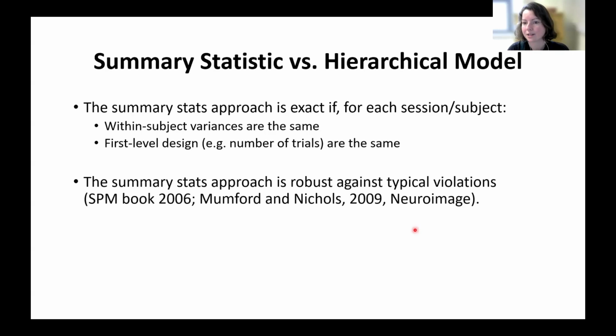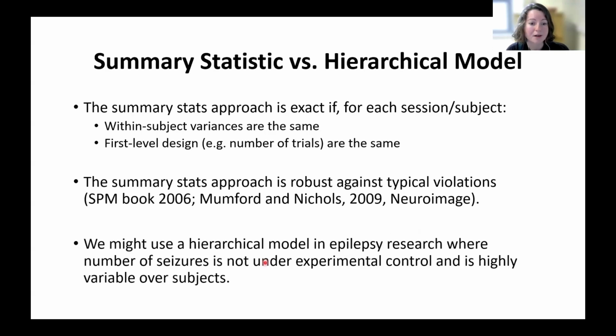Only in cases where the within subject variance is expected to be very different do people tend to use the hierarchical model. For example, when we look at epileptic seizures, the amount of seizures that every participant has in our experiment might be super, super different. So maybe one participant only has one seizure, one participant has like 10.